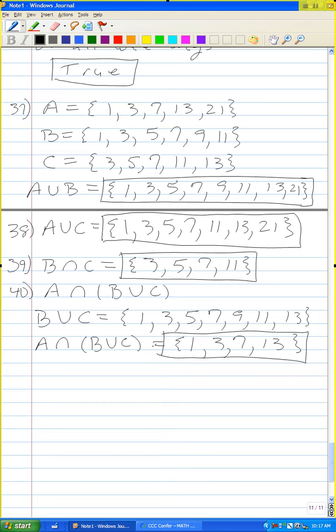So you want to determine what's in both sets. So 1, 3, 7, 13. 41.